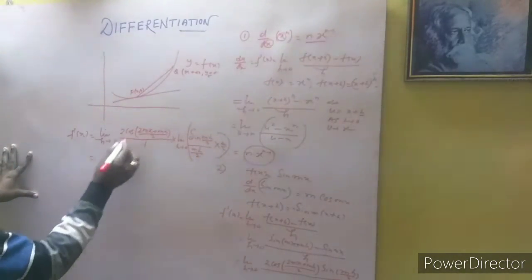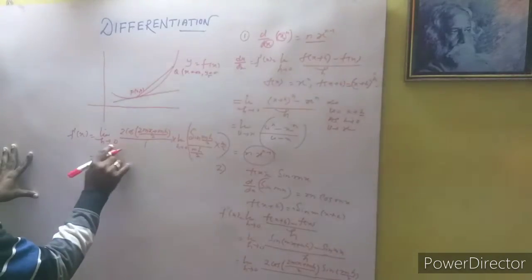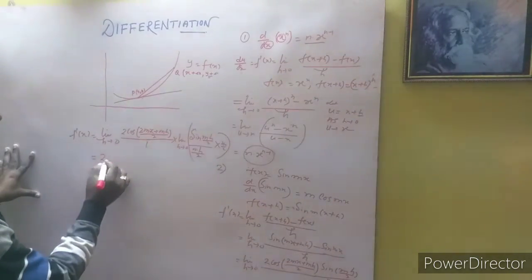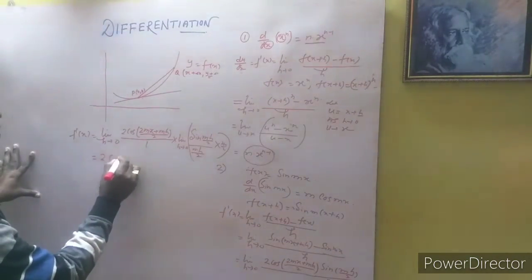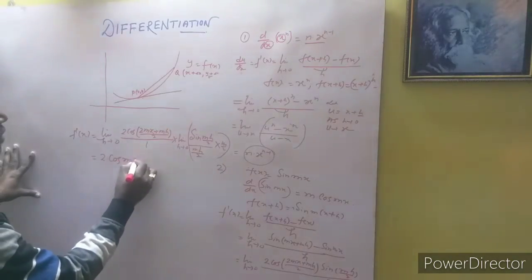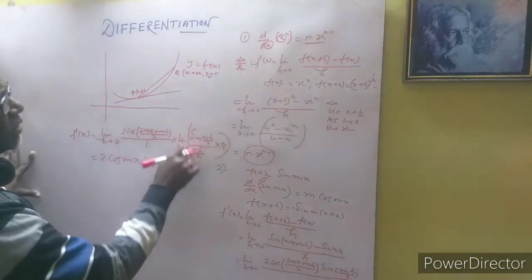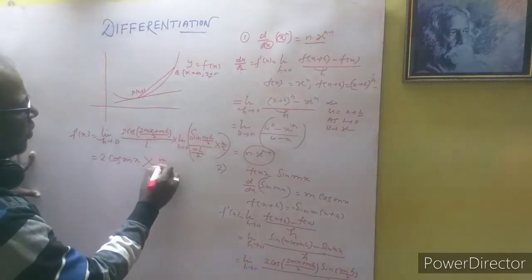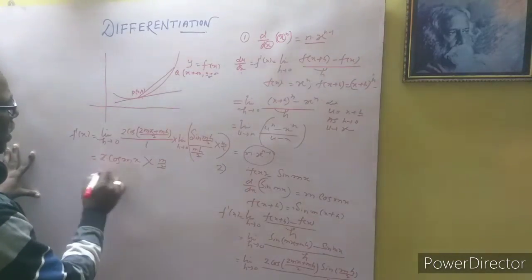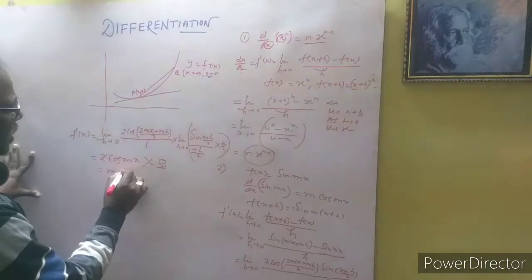Now follow the limit, put h as 0, so 2 cos mx into 1, leaving m by 2. The 2s cancel, so the result here is m.